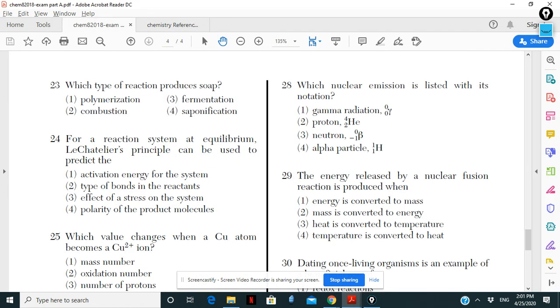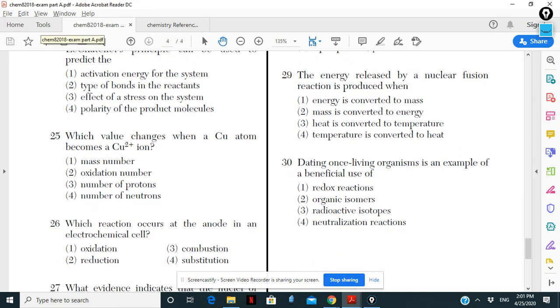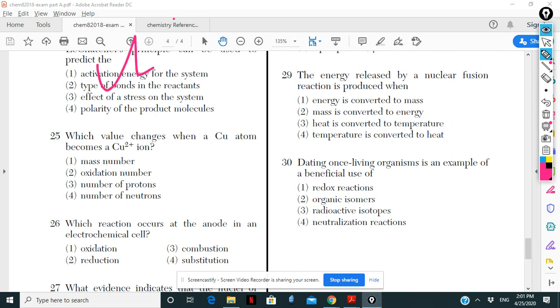Okay. Question number 29. The energy released by a nuclear fusion reaction is produced when? In nuclear fission, we have uranium and you bombard it with a neutron and it gives you krypton and some other products.